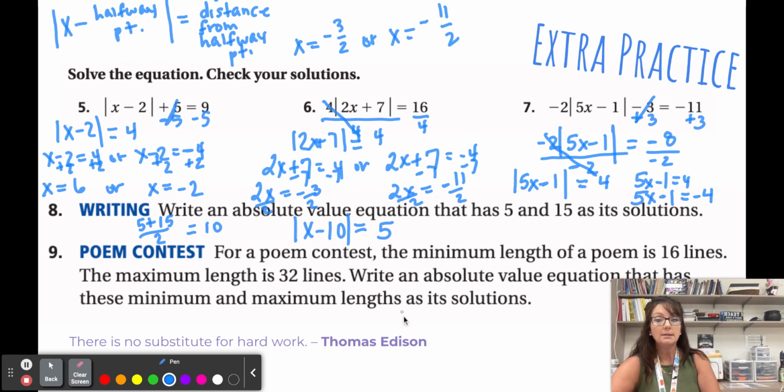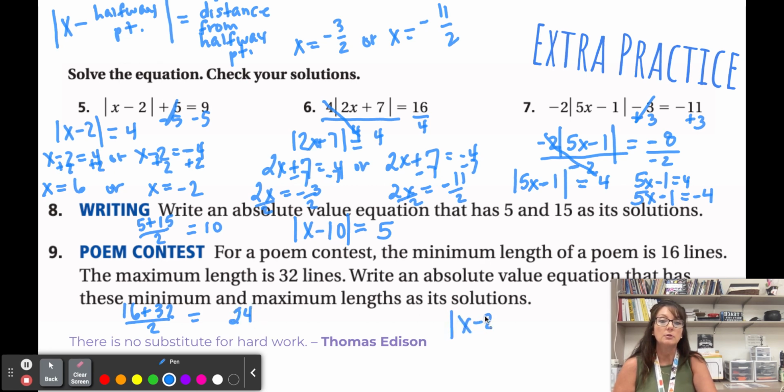So the poem contest is kind of the same. We have a poem contest with a minimum length of 16 and a maximum of 32. So that's your minimum and maximum. So you have 16 plus 32 divided by 2. So that'll give you 24. So your halfway point is 24, right?